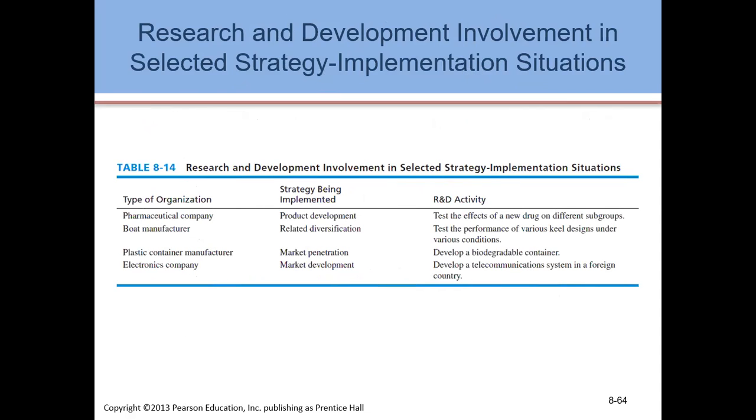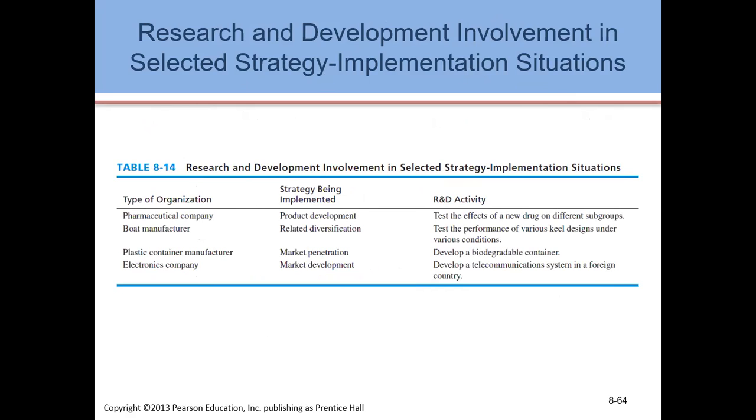Now, looking at, again, different types of organizations, the strategy being implemented, and the R&D activity associated with the strategy. For example, in this table, the type of organization is pharmaceutical. The strategy being implemented is product development, and the R&D activity in association with that is to test the effects of a new drug on different subgroups.